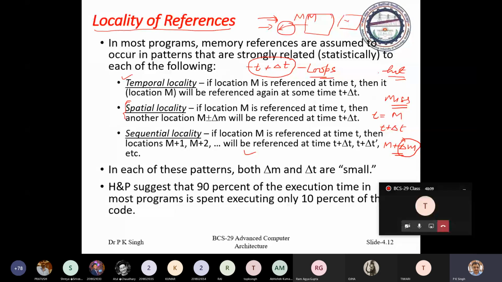If you follow these localities of reference and keep updating the cache memory, then more than 90% of the references may be available in cache memory, meaning in faster memory for execution.